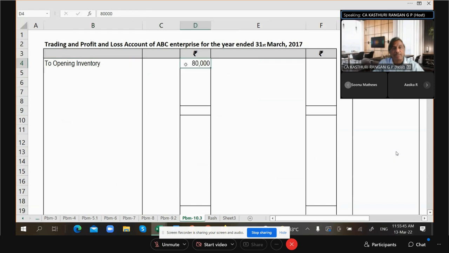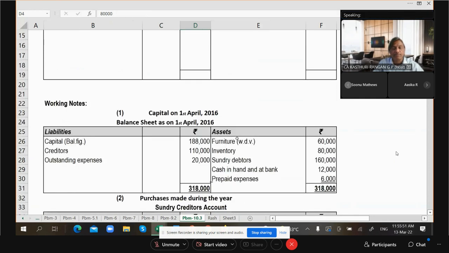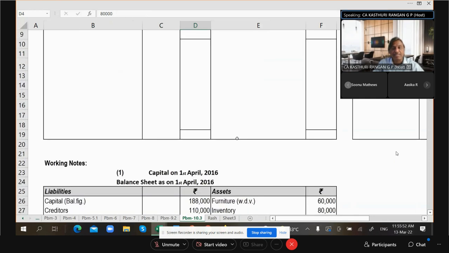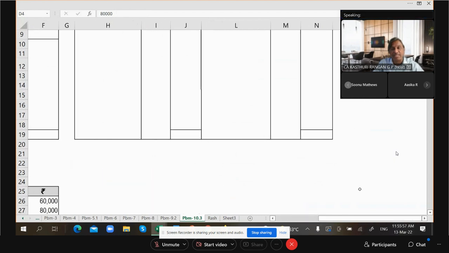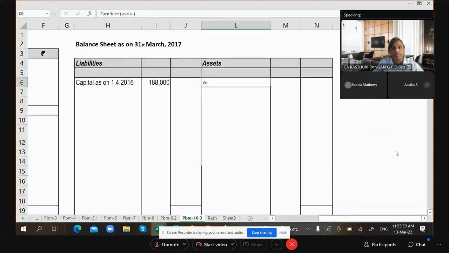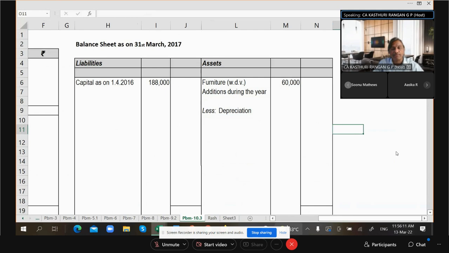To opening inventory, trading account, 80,000. Furniture, 60,000. Opening balance, put it in the balance sheet, inner column, because there may be some additions and then we'll have to apply depreciation and so on. Correct? Furniture.